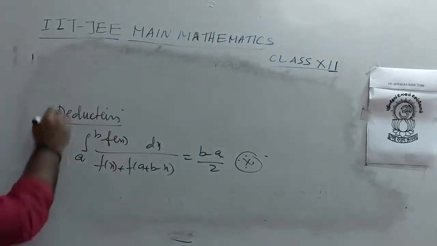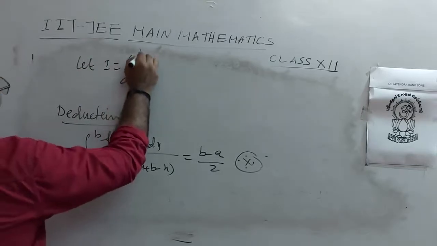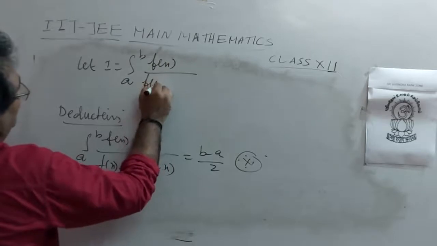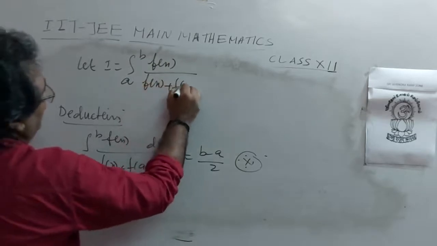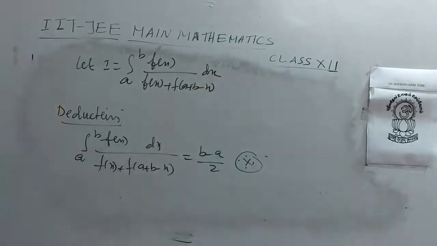To prove this, let I equal to integral a to b f of x by f of x plus f of a plus b minus x dx.